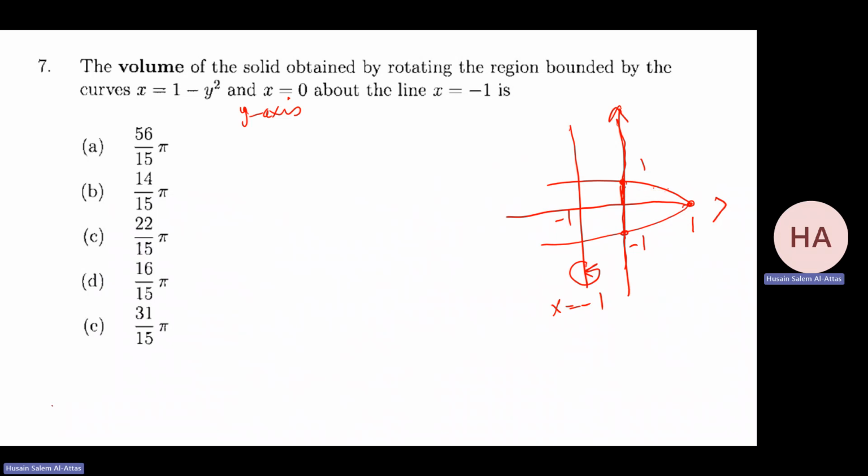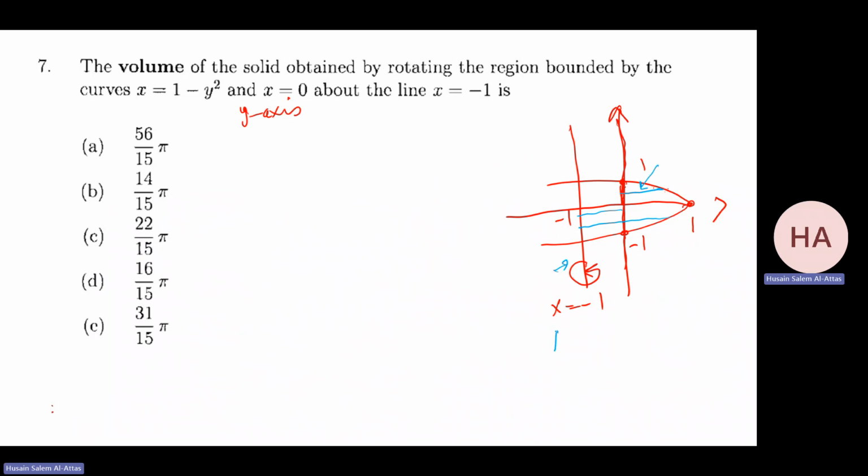I'm doing it in a different color, so this is the one I'm working with. Since I'm dealing with this axis of revolution, I have the big one minus the small one to get this.